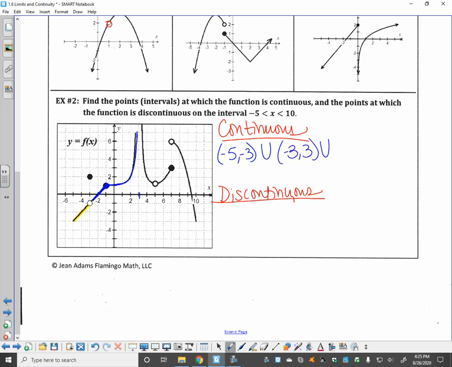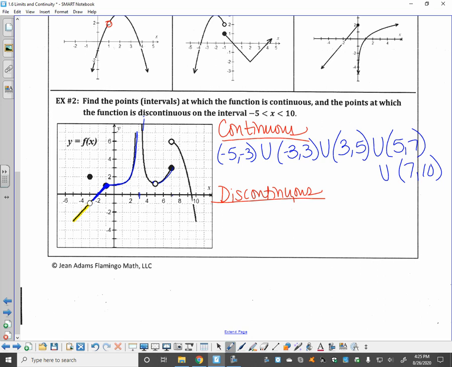And so we got some sort of asymptote action going on here at 3. So he's going to be good to here. So that's 5. So from 3 to 5, continuous. And then from 5 to 7, continuous. And then the last one from 7 to 10. Notice all those got parentheses.